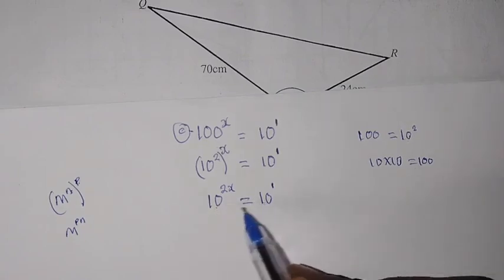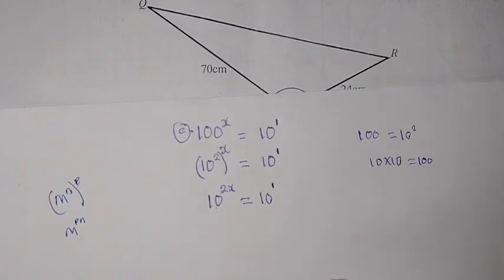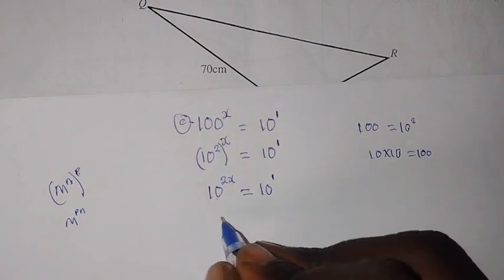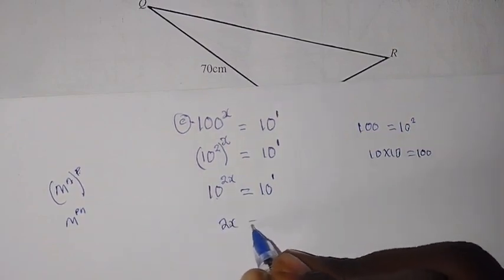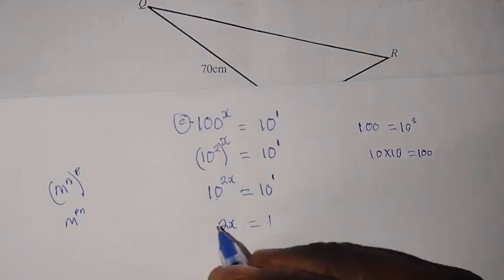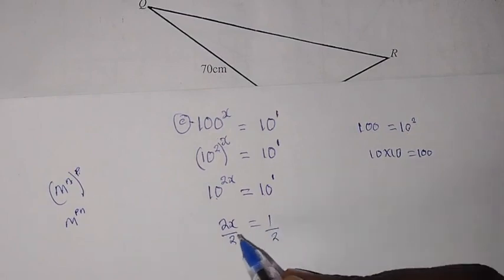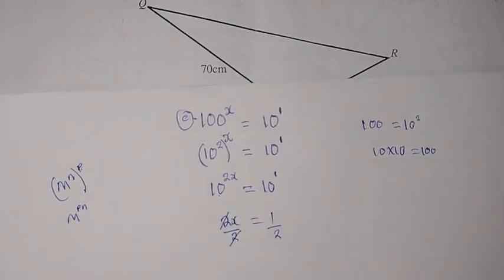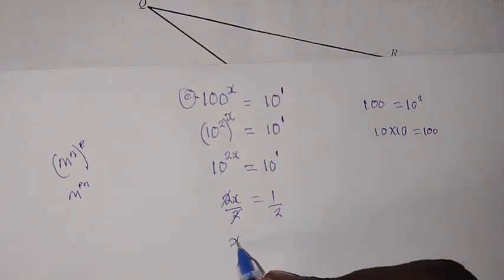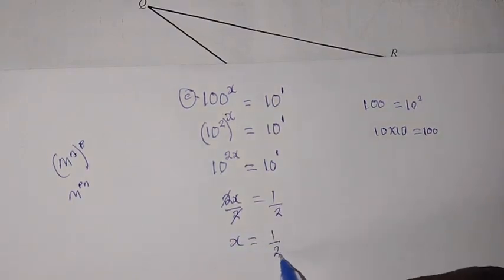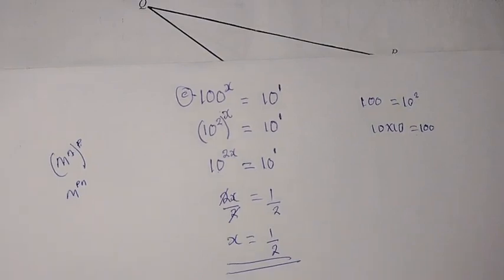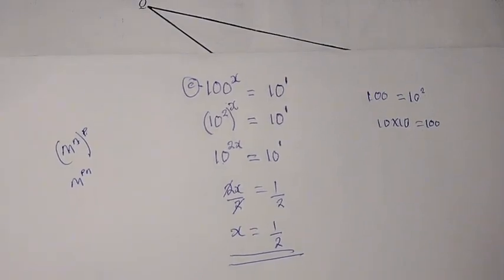Now, if the bases are the same, it means the powers are the same, so we just equate the powers. 2x is equal to 1. We want to find the value of x, so we divide by 2, and this cancels. We remain with x is equal to 1 over 2. So this is the value of x. We have answered.